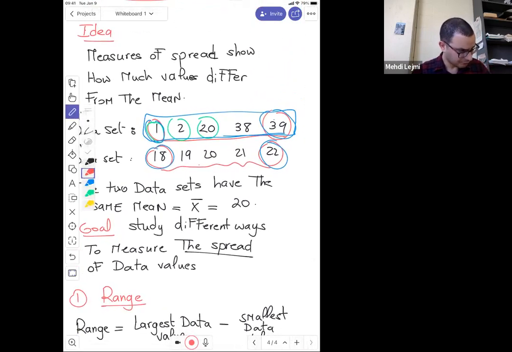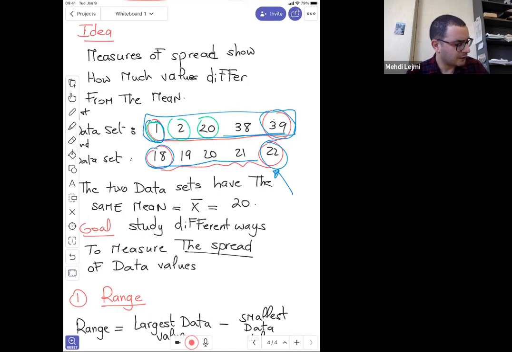Like here, as you can see, 18, 19, 20, 21, 22, the difference between 18 and 19 is just 1, right? So the numbers here are very close to each other. That's why the second data set is more constant, right? Because the numbers are close to each other.